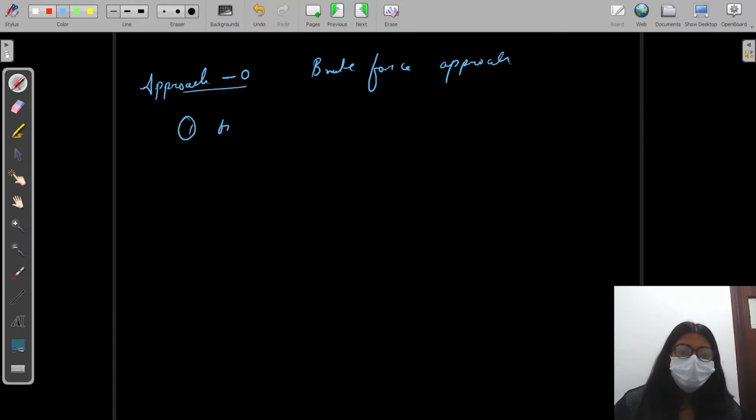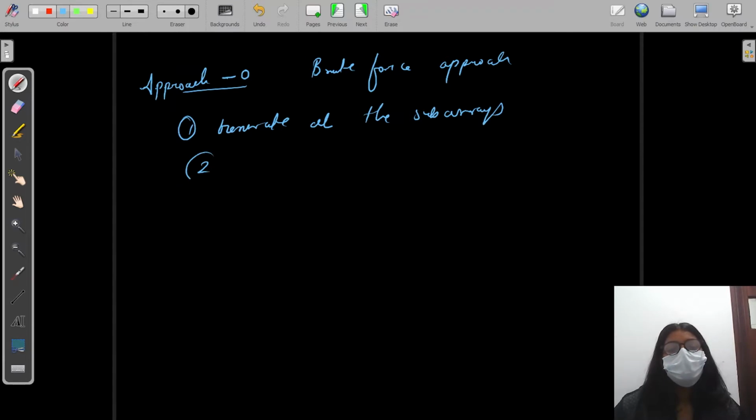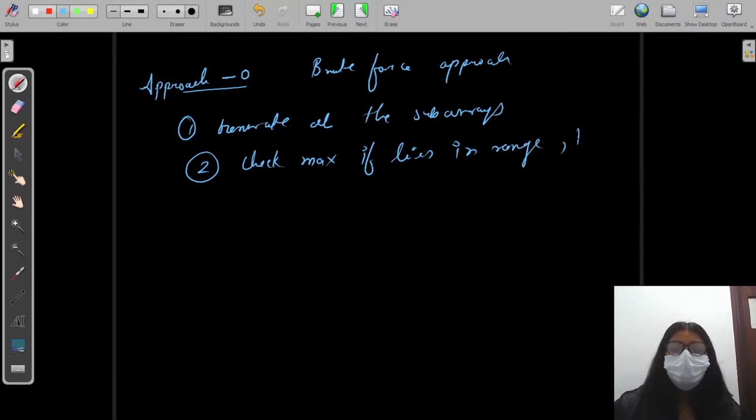I generate all the subarrays and then check if the max lies in range. And if it lies in range, then I increase the count.